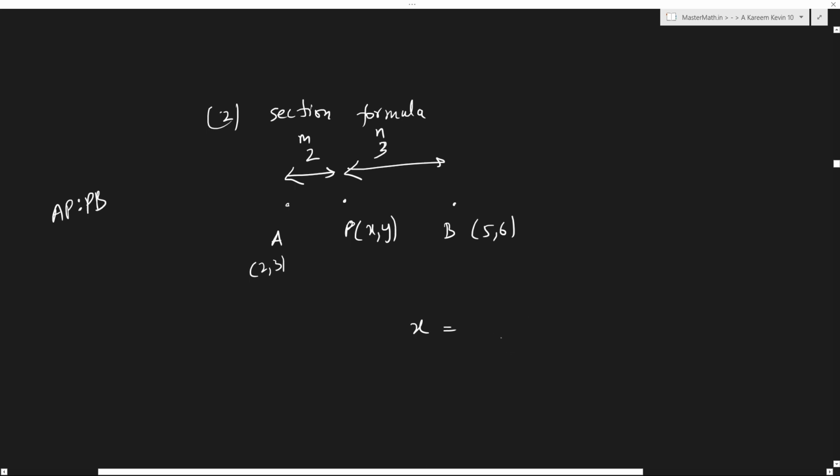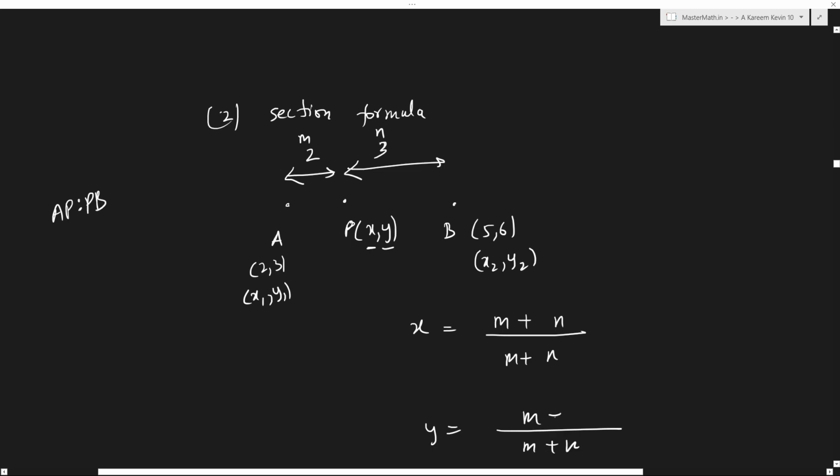In that case, the method to find x and y, I would just tell you a small tip to remember this. It's an easy one. So x would be, first you write m plus n in the denominator. For A, we will have x1 and y1, the coordinates for the first point A, and x2, y2 for the second point B, and x, y for the unknown point P. For finding the value of x and also y, we'll write m plus n in the denominator, and in the numerator m will multiply with x2 and n will multiply with x1.